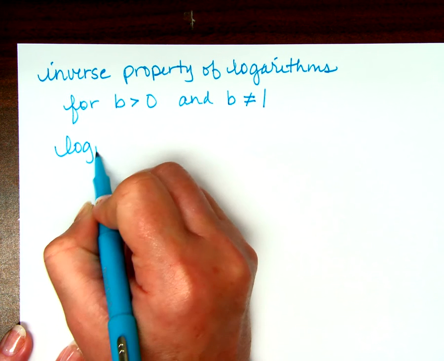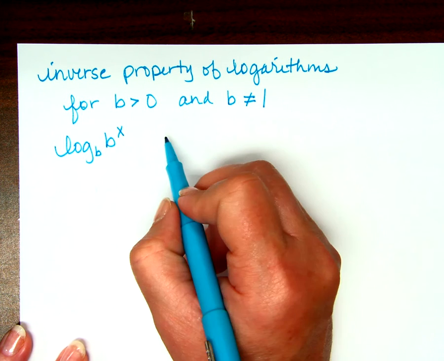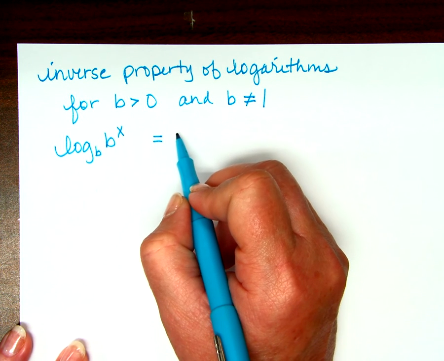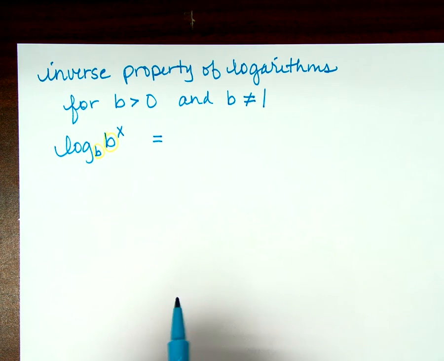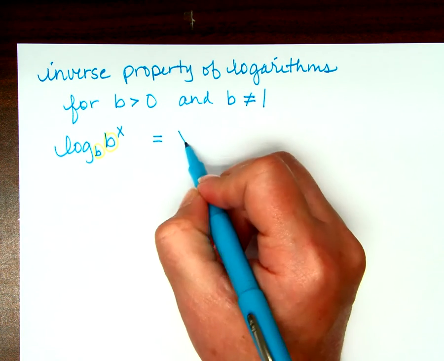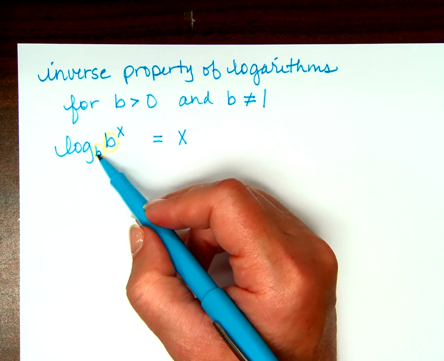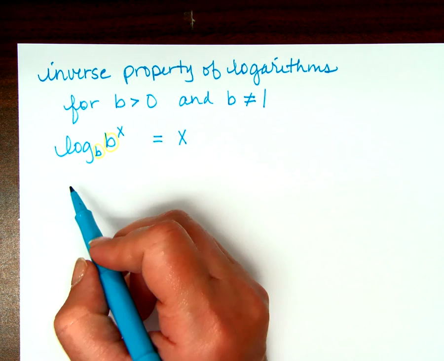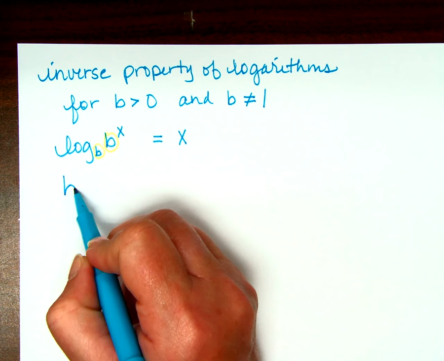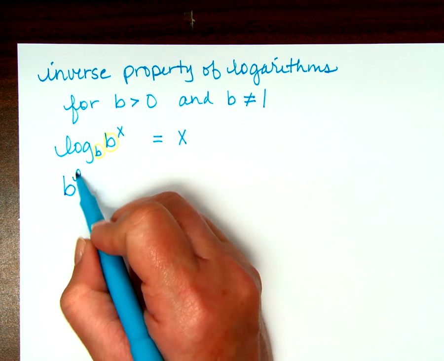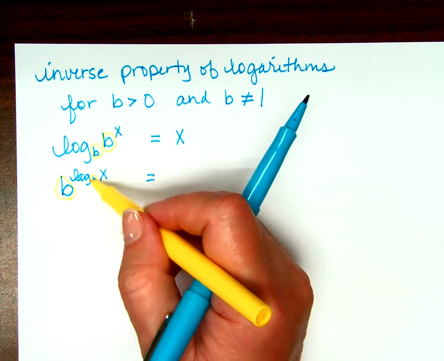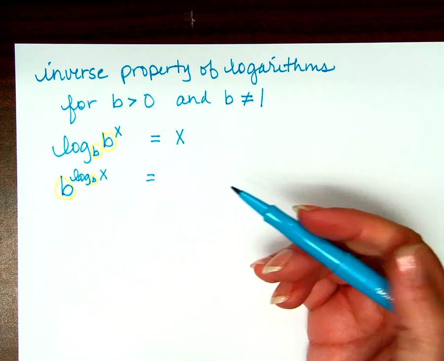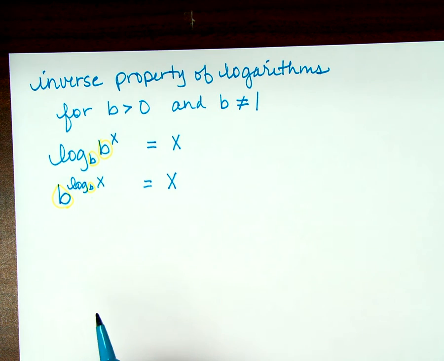Log base b of b to the x equals what? X. Yeah, for sure. Because the bases are the same, the answer is the exponent. Okay? The other part is also true. If it's b raised to the power of log base b of x, are the bases the same? Then what's left? X. Does that make sense?